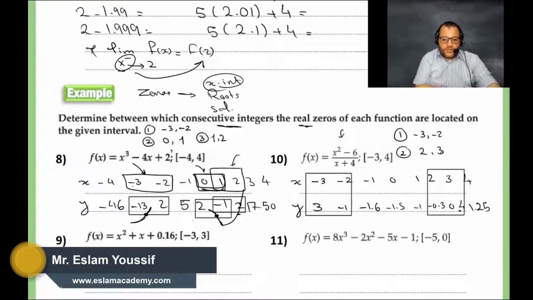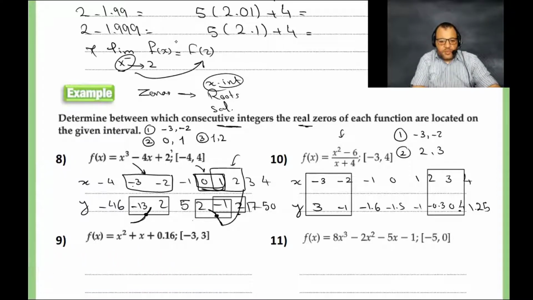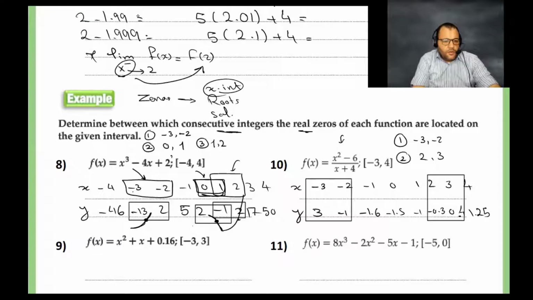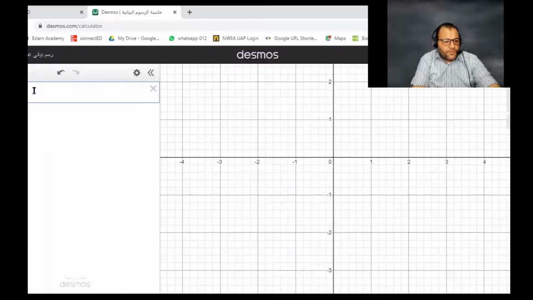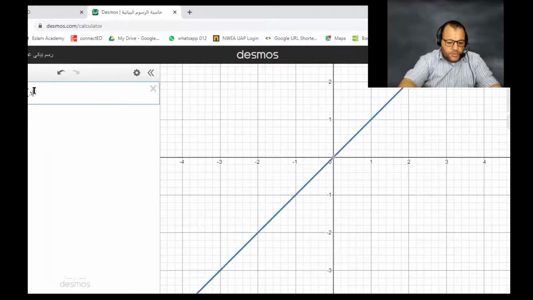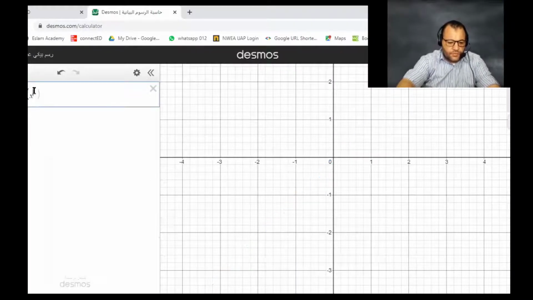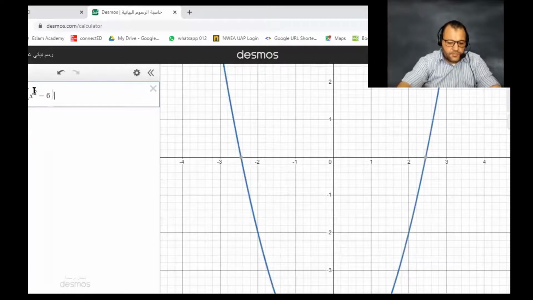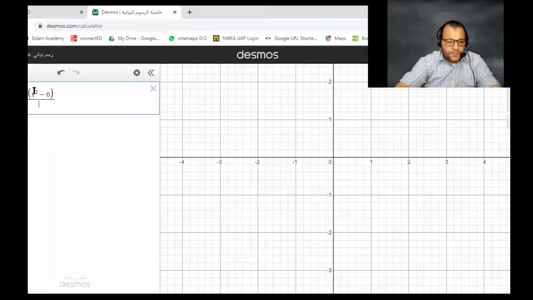Do you remember the function? Because I'm shifting to the graph. Yes, y equals x squared minus 6 over x plus 4.